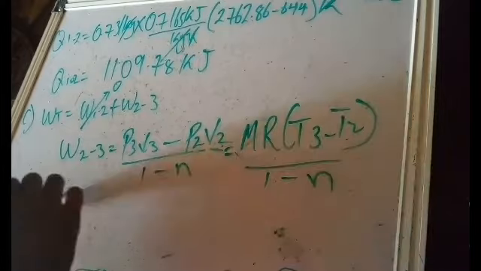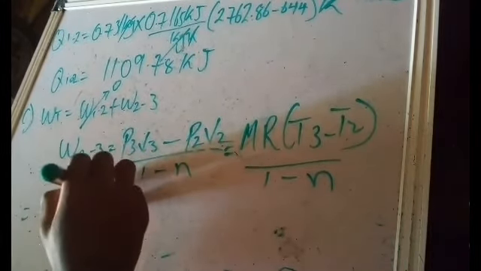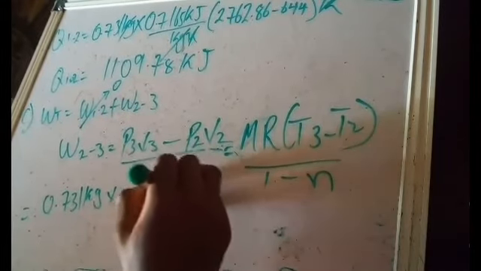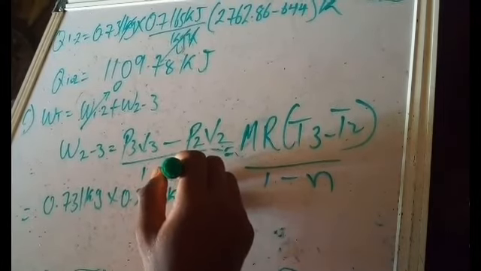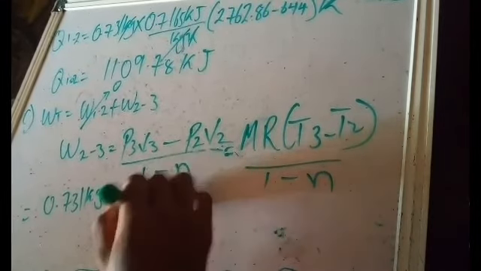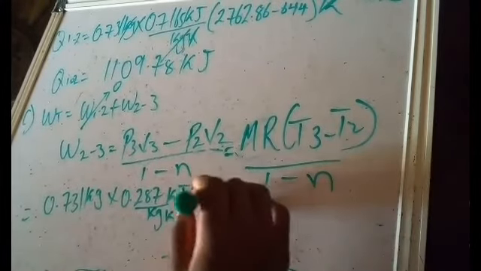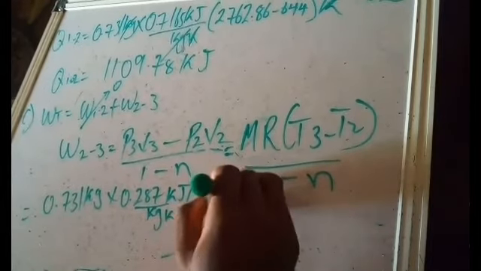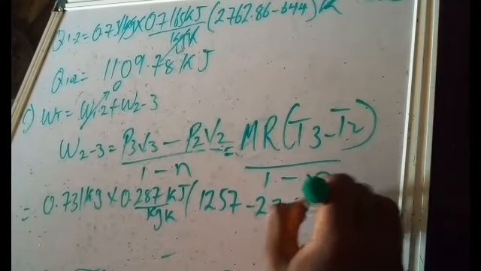Our m becomes 0.731 kilogram, times R, which is 0.287 kilojoules per kilogram Kelvin, multiplied by T3, which gives us 1257 minus 2762.80.